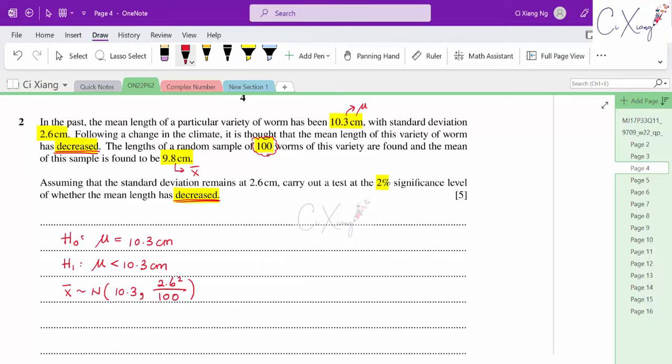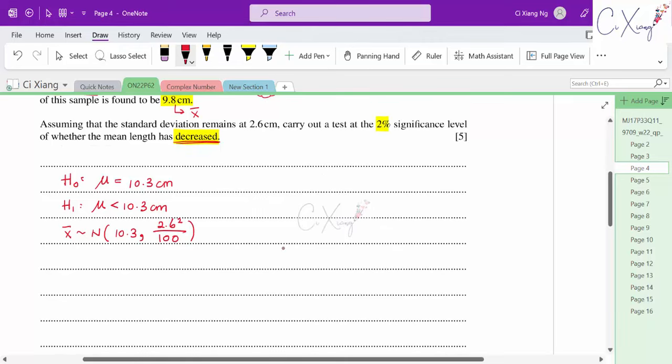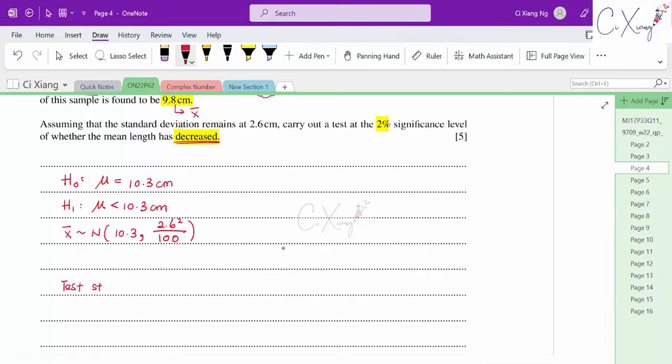All right, and now I want to calculate and get the value for the test statistic. So the formula should be Z equals, we are using the sample mean formula, right? We have the sample mean minus the population mean, divided by standard deviation over square root n.